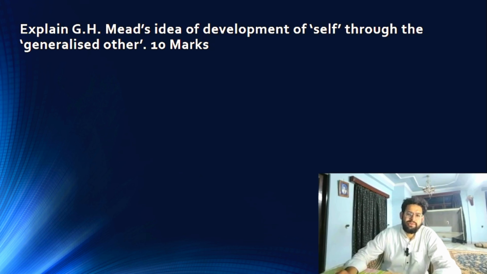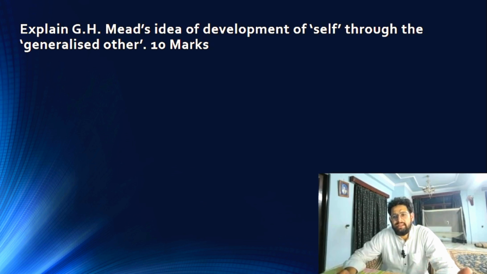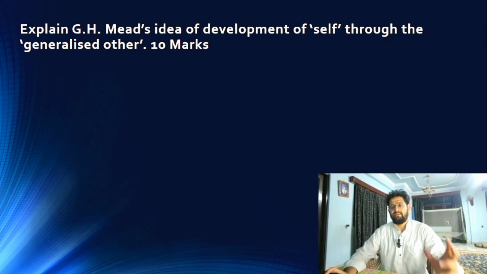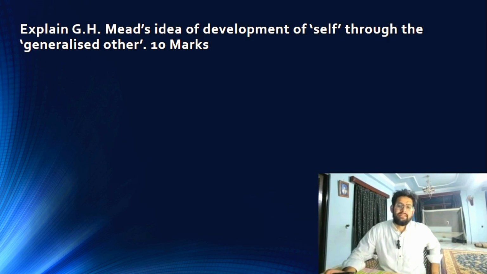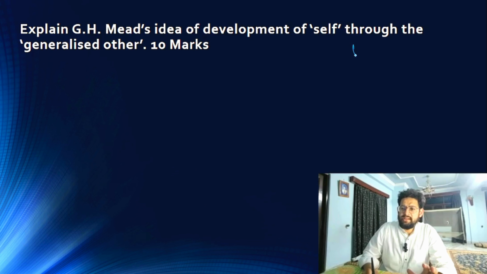Coming to the second question, explain G.H. Mead's idea of development of self through the generalized others. If you see, this question has also been taken from Unit 4, and in this the last thinker that we are having is George Herbert Mead.